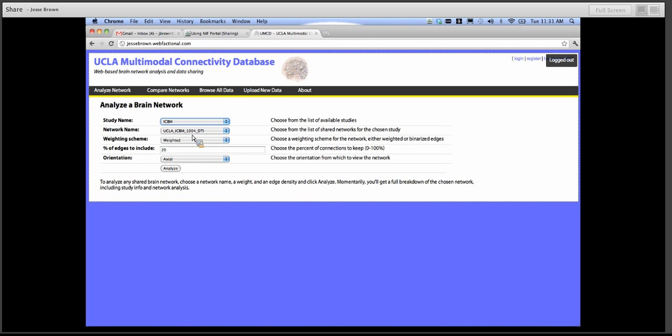So when I choose the ICBM study here, all of the matrices for that study that have been shared show up on this list. I'm going to choose this 1004 DTI file.